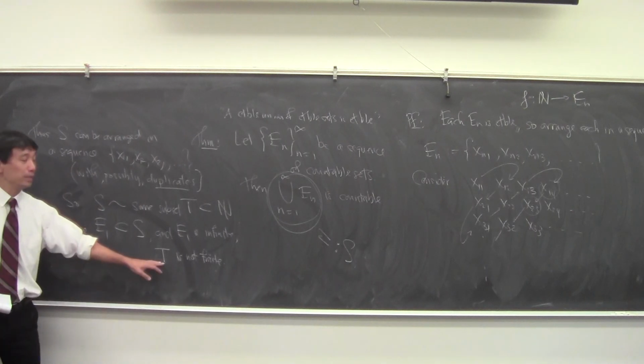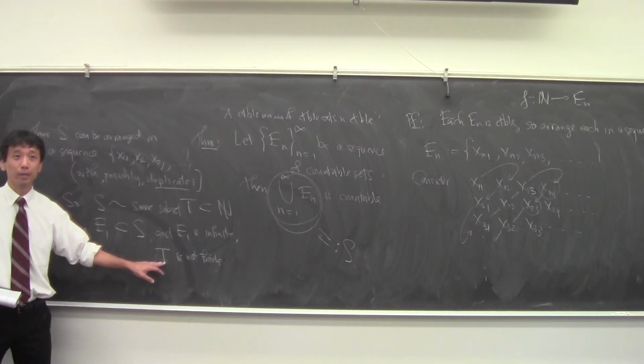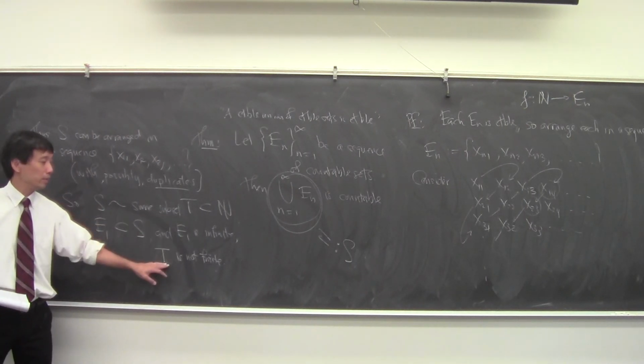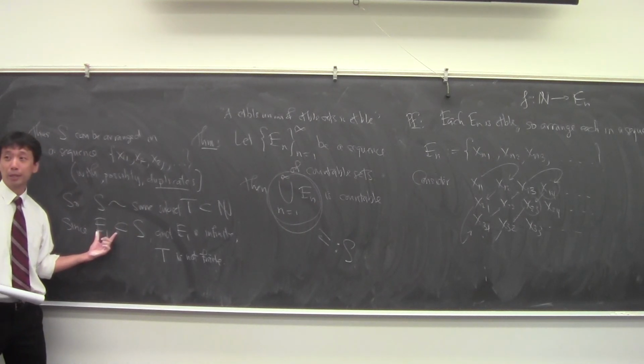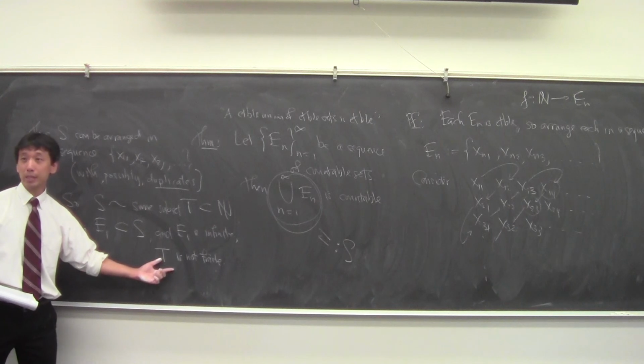That set of indices couldn't be finite because the elements of E1 were all different. So T is not finite.